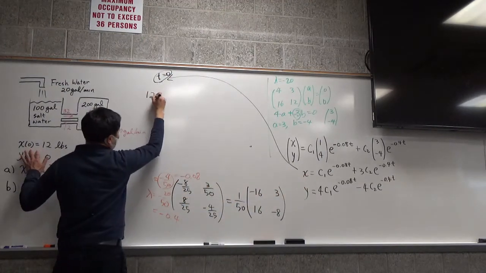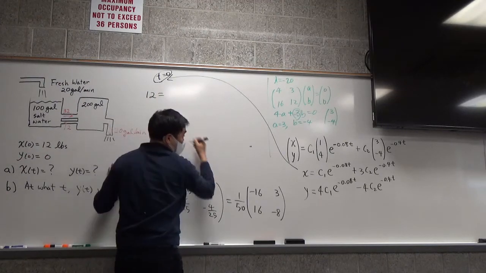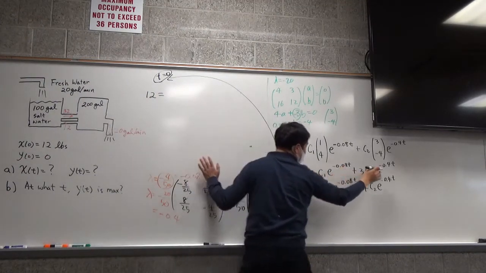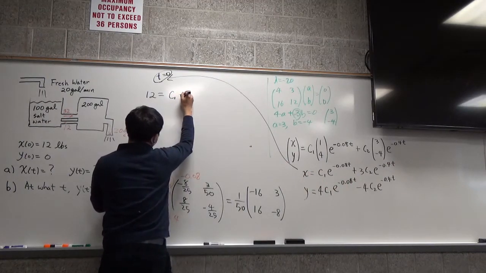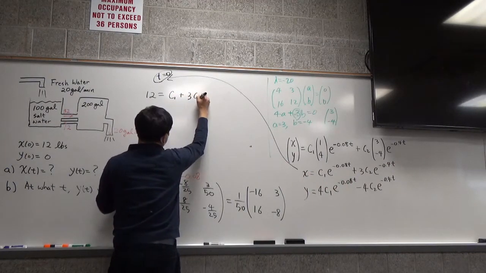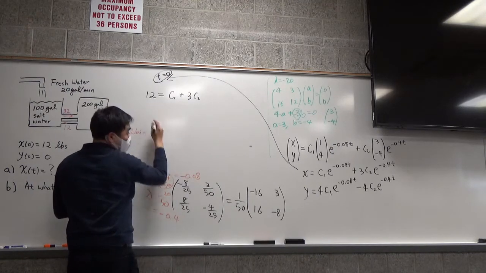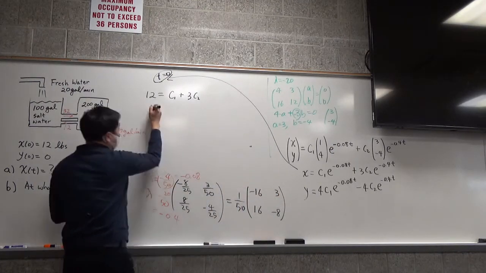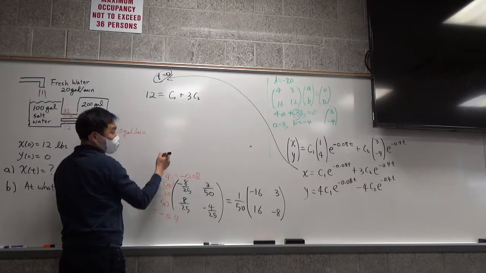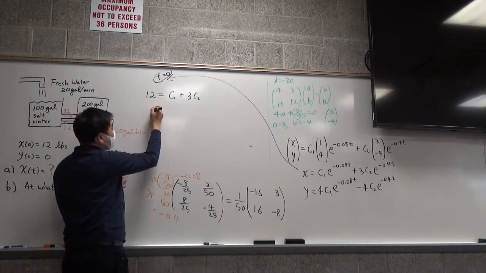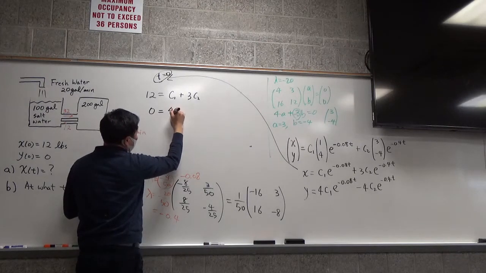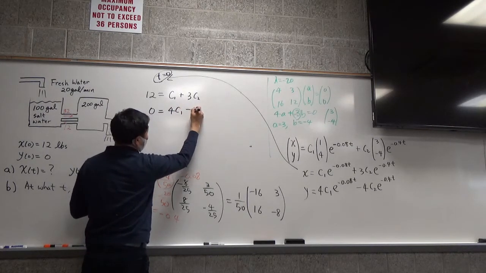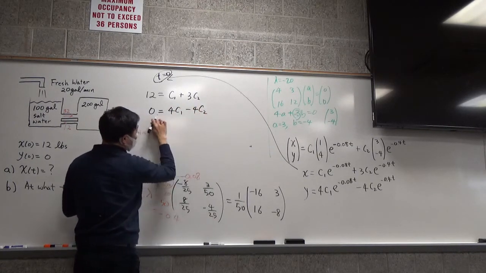So you get 12 equals what? e to the 0th power is 1, e to the 0th power is 1, so you get c1 plus 3c2. And then what about this second one? What would you get? Tell me. 0 equals 4c1 minus 4c2.